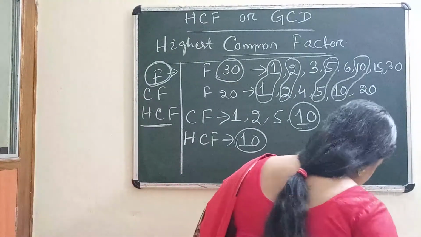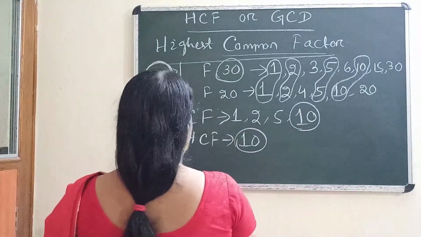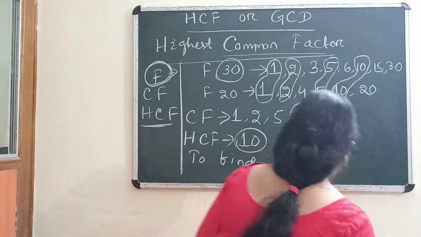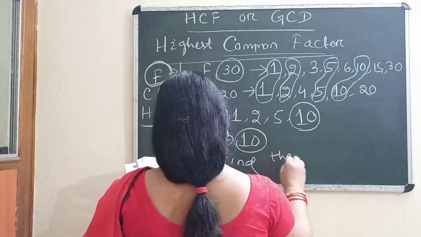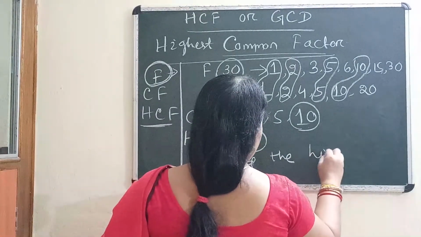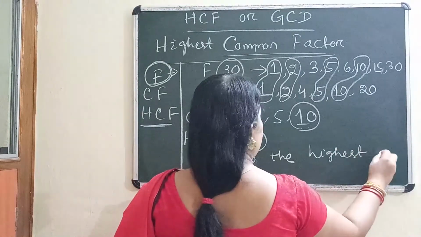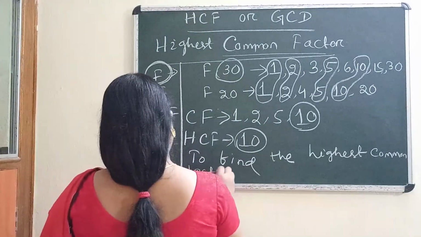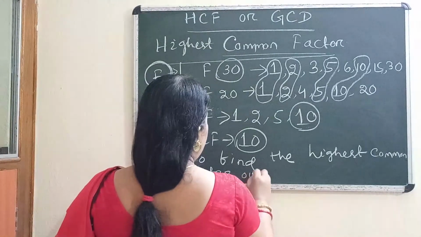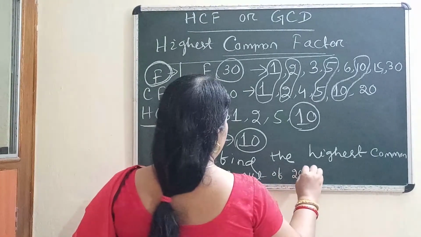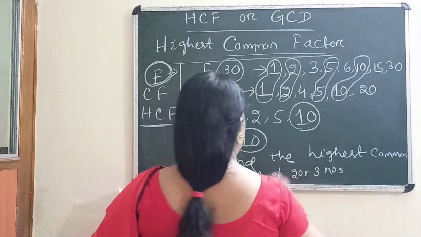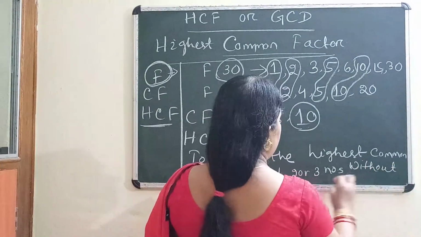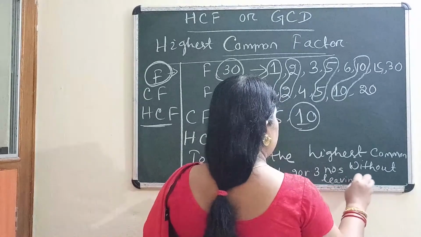So what do you mean by this highest common factor? Highest common factor means to find the highest common factor out of 2 or 3 numbers without leaving a remainder.